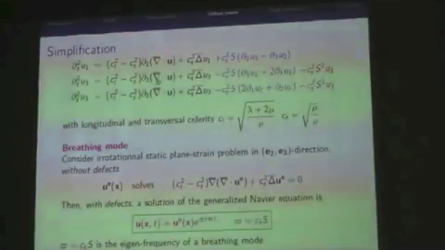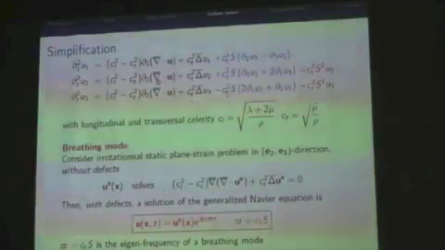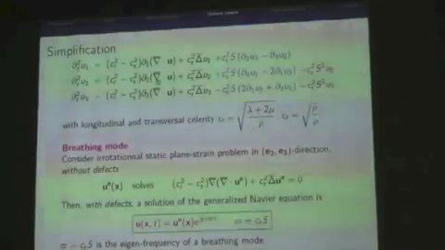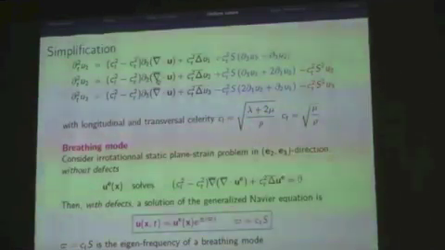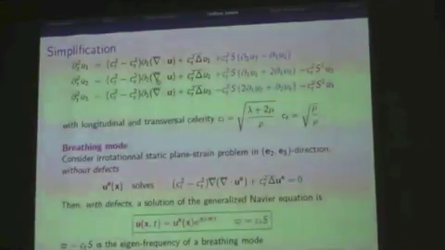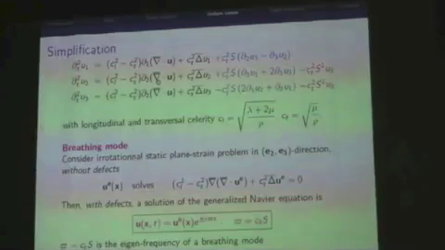It means that the static problem obtained without defect, so here it's a longitudinal displacement, is perturbed in terms of wave, in terms of defect, by time variation. Okay? So we have this breathing mode, which we see is related to the curvature.